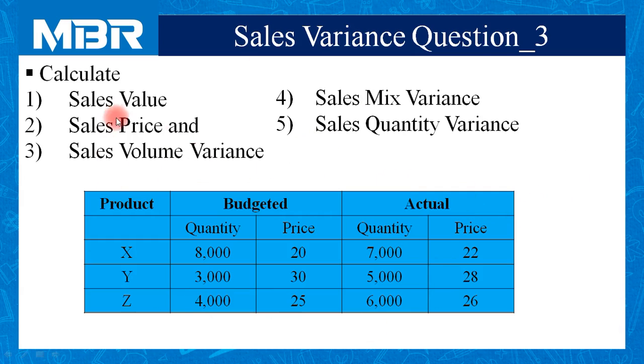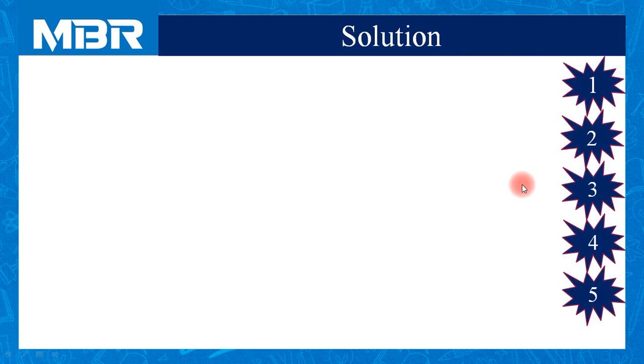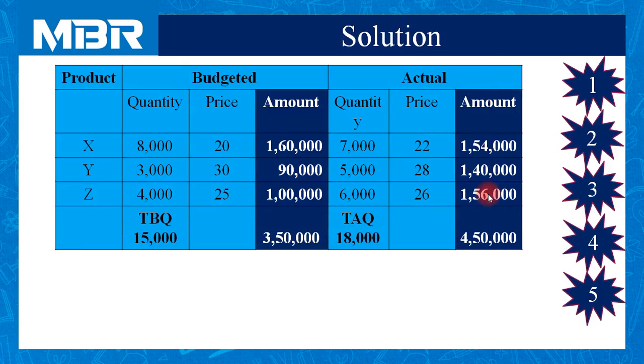Using these details, we need to calculate 5 variances. Before calculation of the variance, as you all know, we need to prepare a table. And this table is nothing more than multiplication of the quantity and price in order to calculate amount. Quantity multiplied by price is equal to amount.